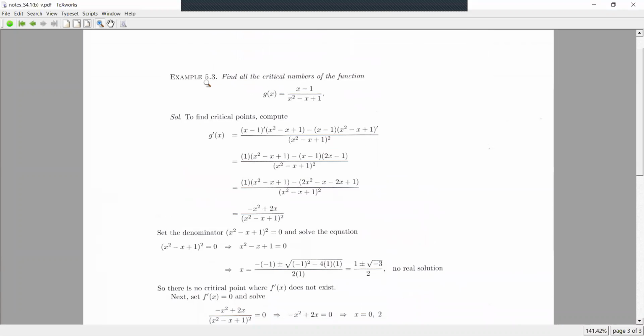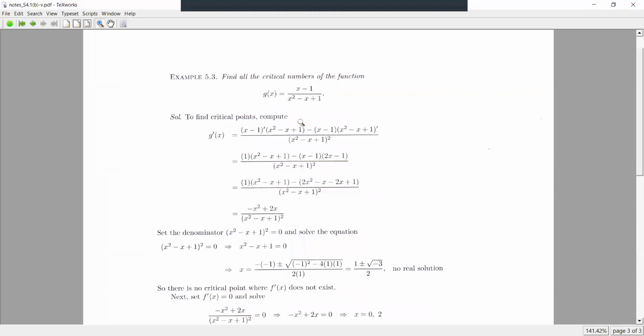Example number 3 today. Find all the critical points of this function. A critical point is a point where derivative is 0 or doesn't exist. Let's compute derivative first.